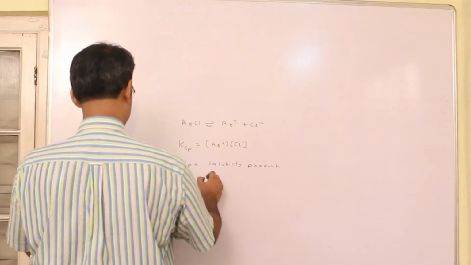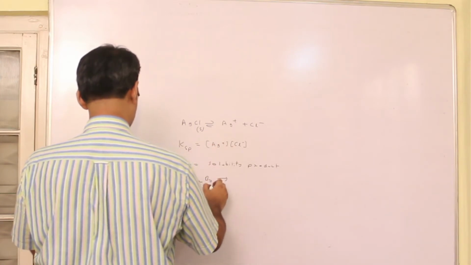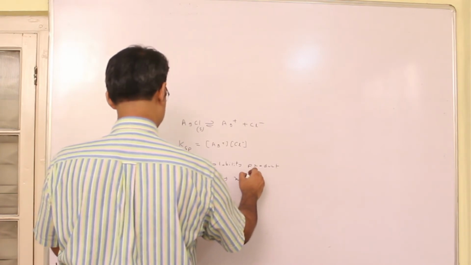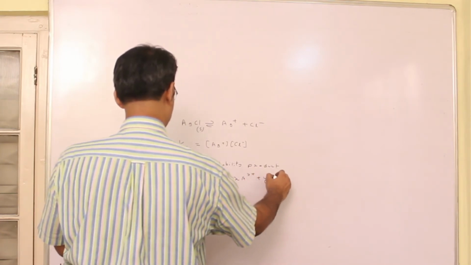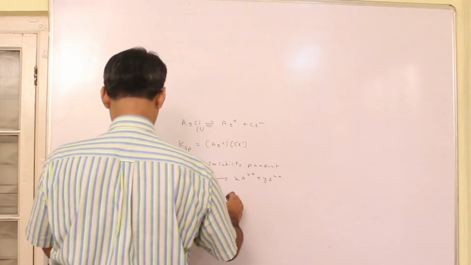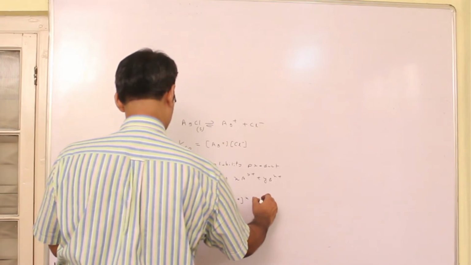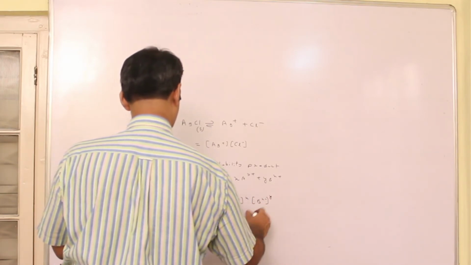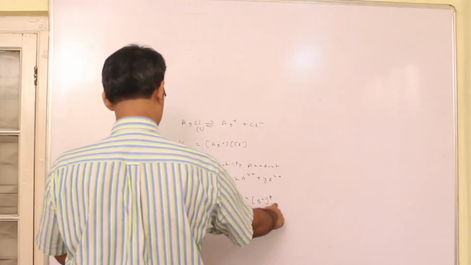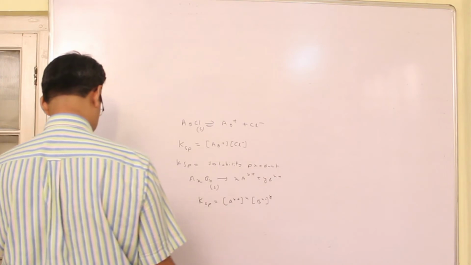Now, if we want to take a general reaction, AxBy is the salt. It's solid, and after dissociation it is expected to give these ions. So the solubility product is equal to the concentration of A to the power x into the concentration of B to the power y. So this is the formula to find the solubility product.